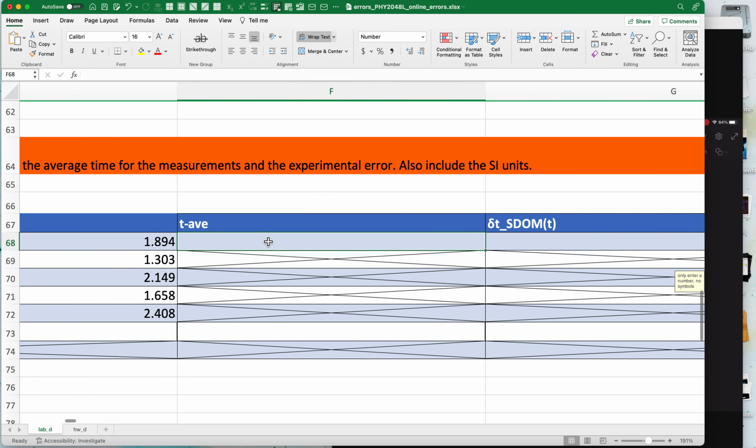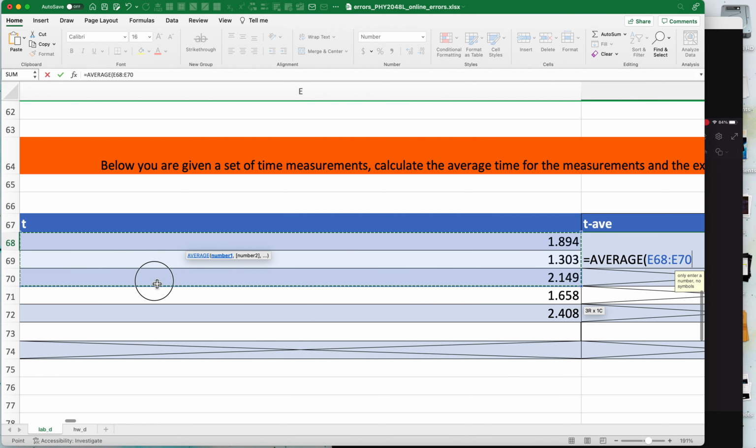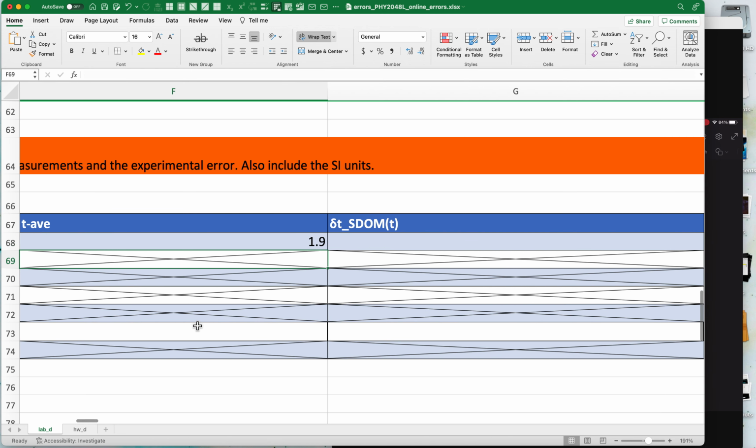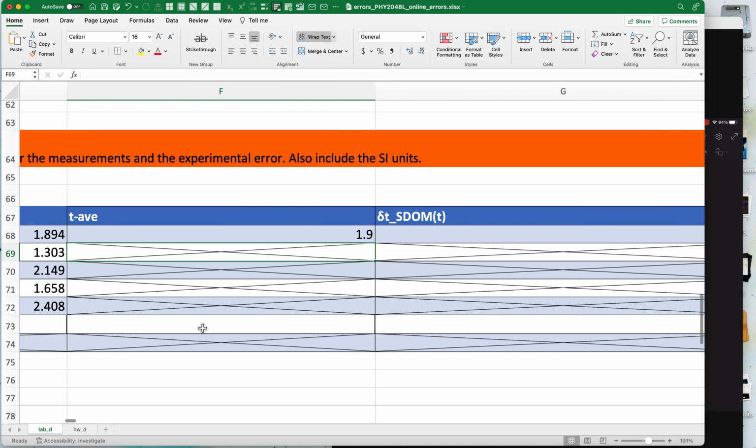So let's try that again. Equals, and then AVE, average. Drag your cursor across all those numbers, and you see they're getting populated. And then from there, close the parentheses, and then enter. So that gives you the average value.